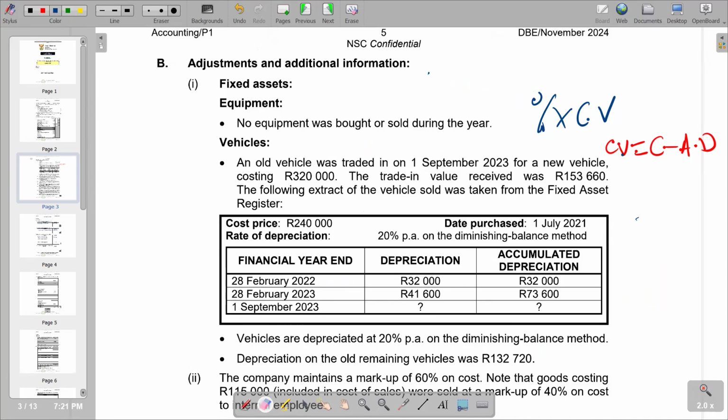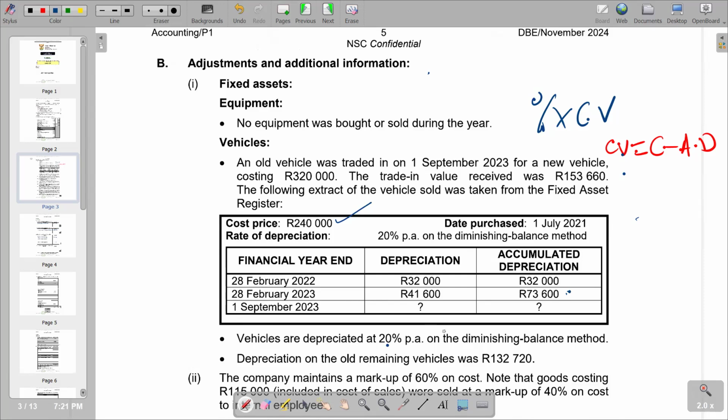Whereby the carrying value, we are going to say the cost minus the accumulated depreciation that we have at the year end of 28 February 2023. So we're going to say 240,000, and then we subtract 73,600. The answer that we get is the carrying value, and then we multiply by 0.2, which is about 20%, to get the depreciation for the year.